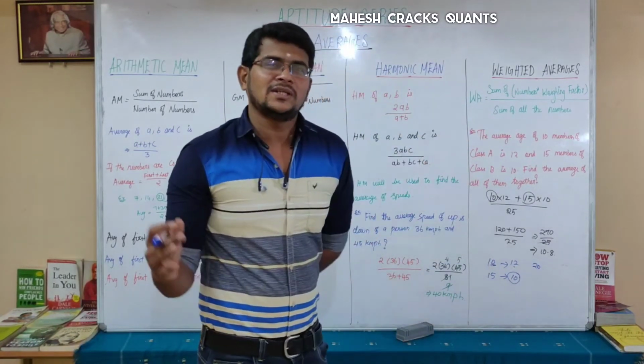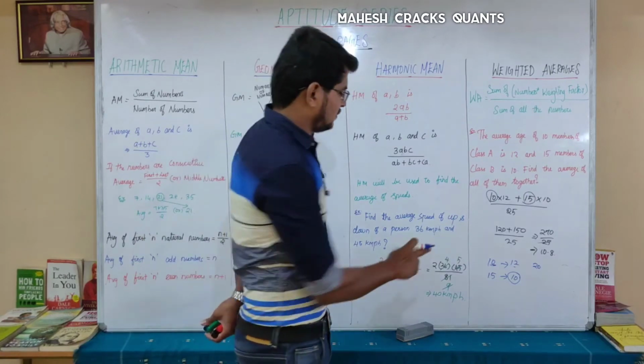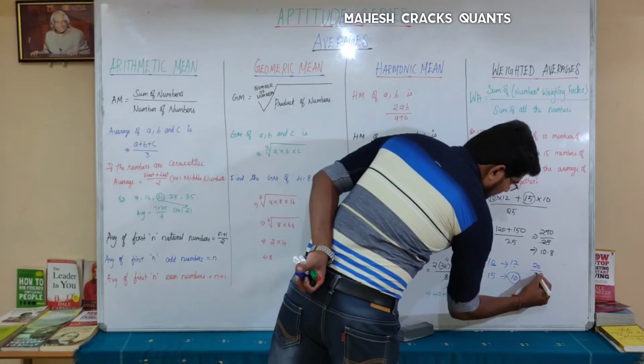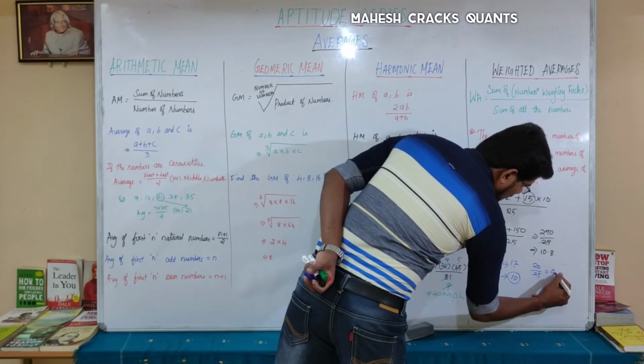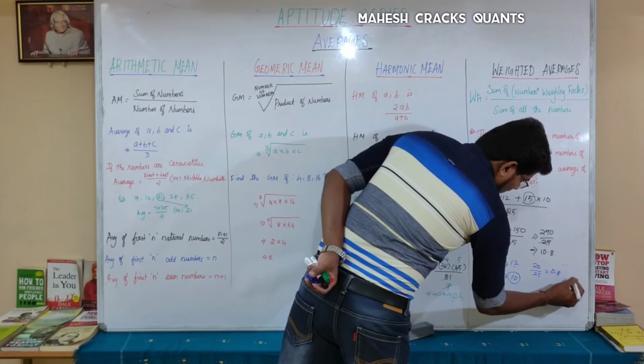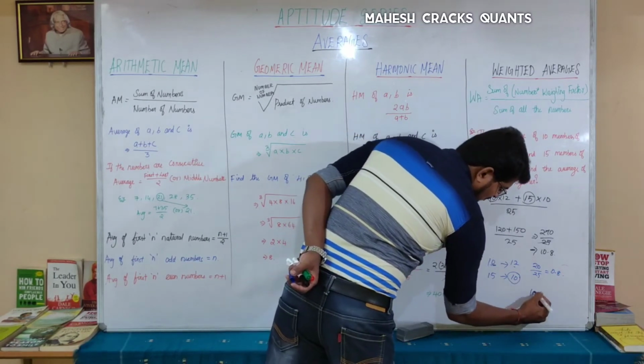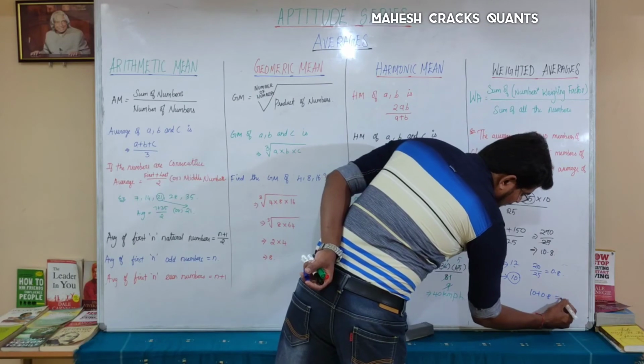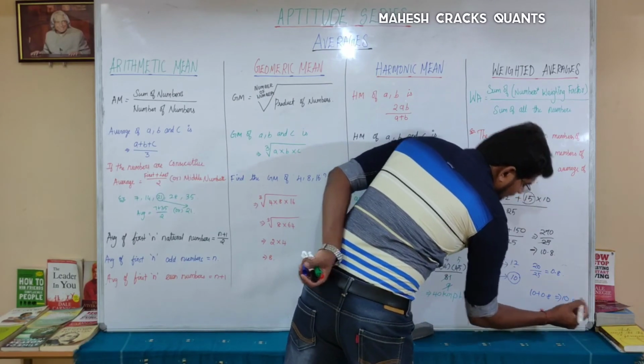That extra 20 will be shared by all the 25 members. 20 divided by 25, what do you get? 0.8, which is positive, so you add this to 10. So you will get 10.8.